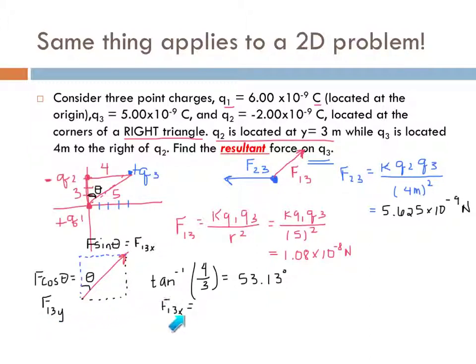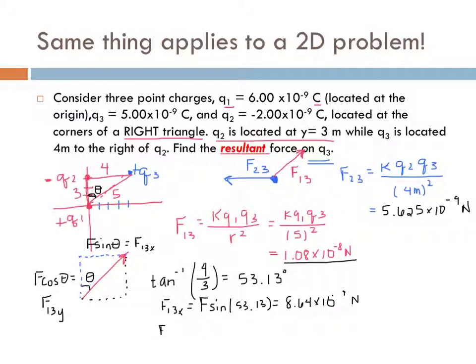Over here, our force 1,3 in the x is F, which is this value here, times the sine of 53.13, which gives you a value of 8.63 or 8.64 times 10 to the negative 9.